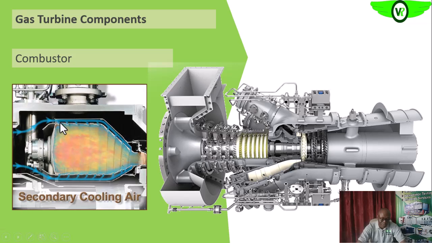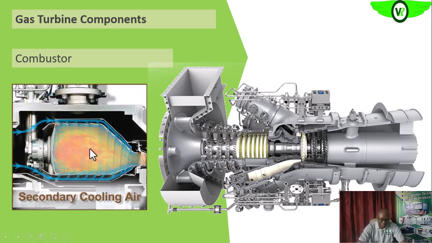So about 70% of the compressed air, remember 30% has been used for combustion, 70% will be used for cooling. Some of those 70% will come into the combustion chamber and mix with the combustion product to cool it down, to reduce its temperature before it is sent to the turbine. And the remaining part of the 70% will also be sent into the turbine for further cooling of the turbine.